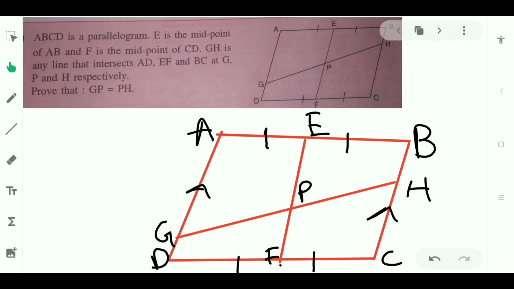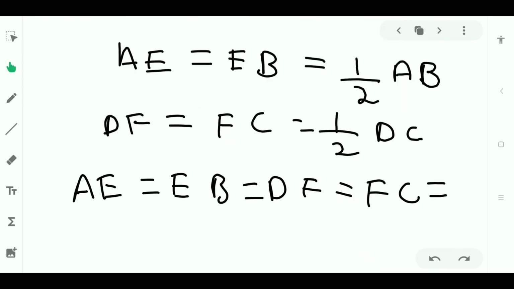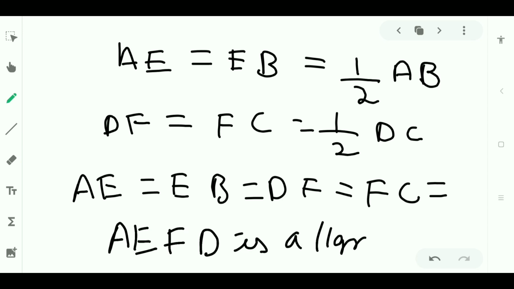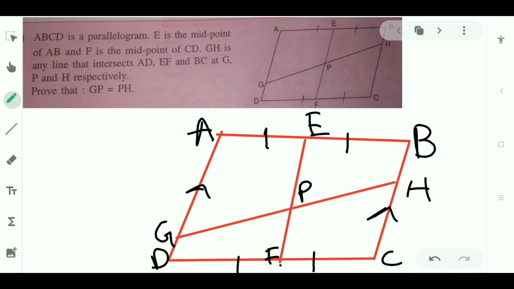So now AEFD is a parallelogram, because you can see over here ABCD first is a parallelogram. These two are parallel to each other.